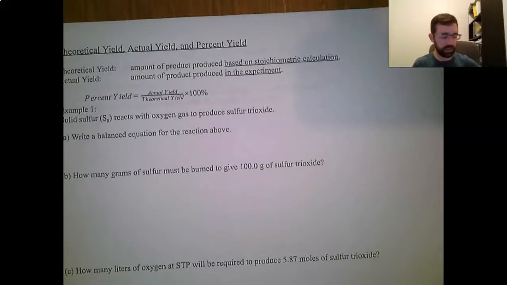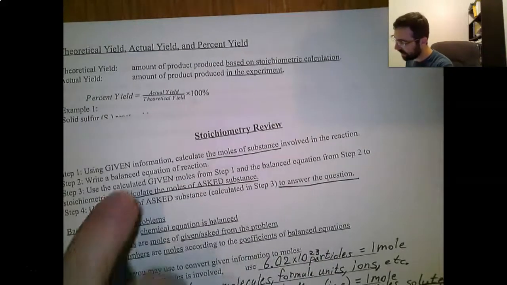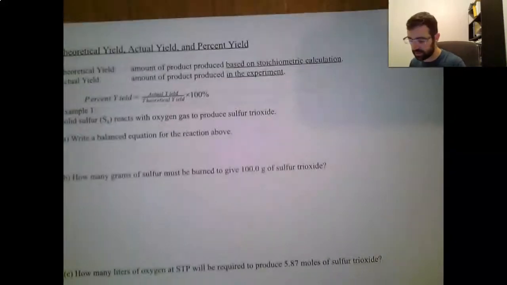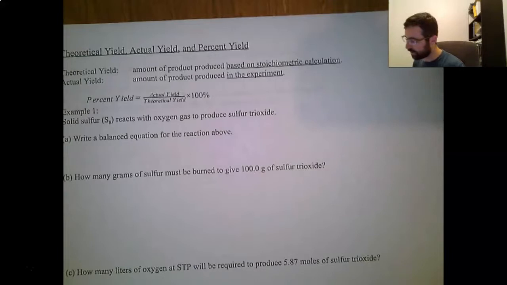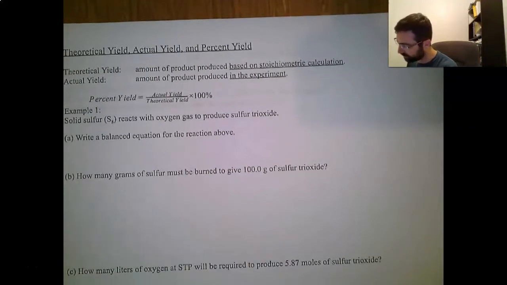Okay, so we have these steps, 1, 2, 3, 4. First step is use the given information to calculate the moles of the substance. That's always going to be step 1. Part A actually asks us to write a balanced equation, so I'll answer that first.